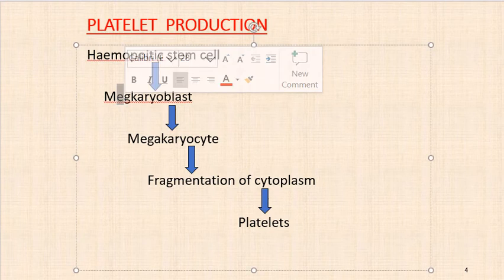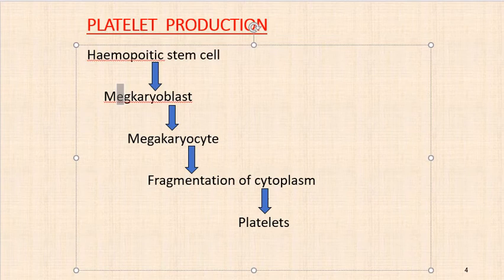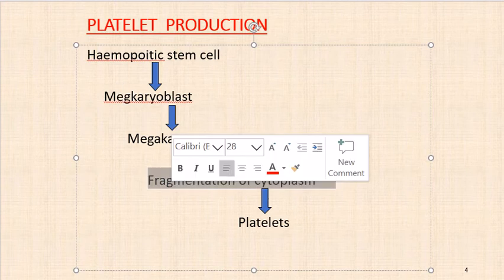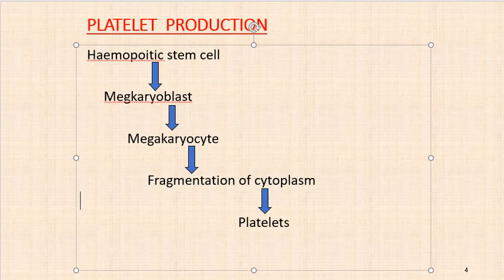And this megakaryoblast matures into a megakaryocyte. Megakaryocyte is a large cell with a large irregular nucleus and a large amount of cytoplasm, and fragmentation of this cytoplasm occurs, and the fragments we call platelets, which are anucleate specks of varying sizes.